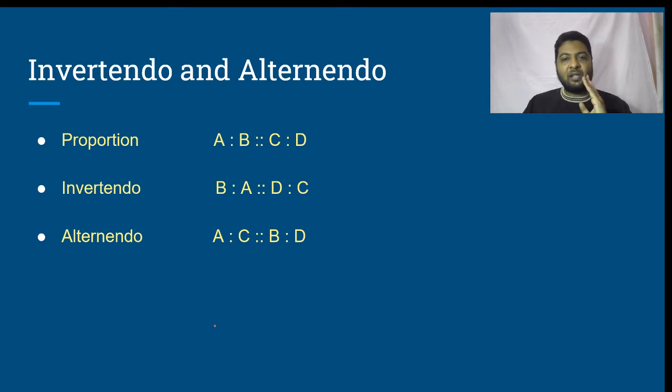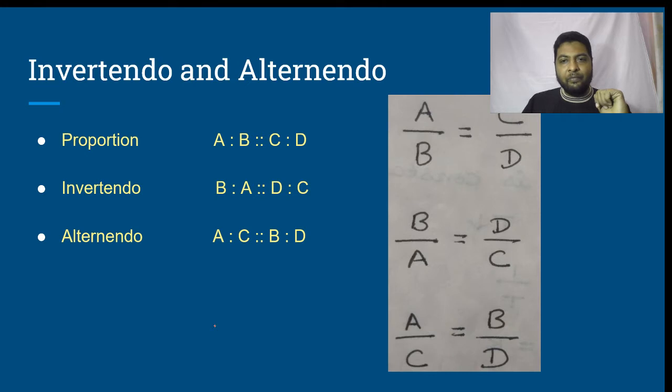Alternando is just replacing B with C and C with B. Again, just cross multiplying and interchanging those terms. To understand better, I've written it over here. A by B is equal to C by D. Now, you just take the reciprocal of left hand side and right hand side. We'll get B by A is equal to D by C. This is also called invertendo.